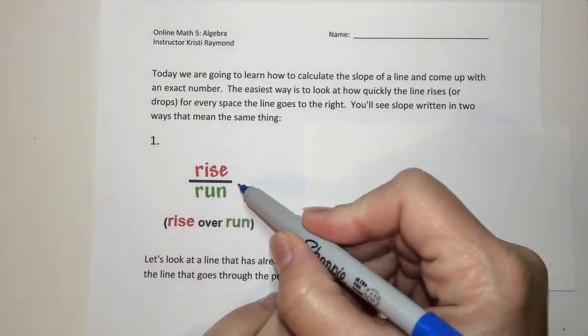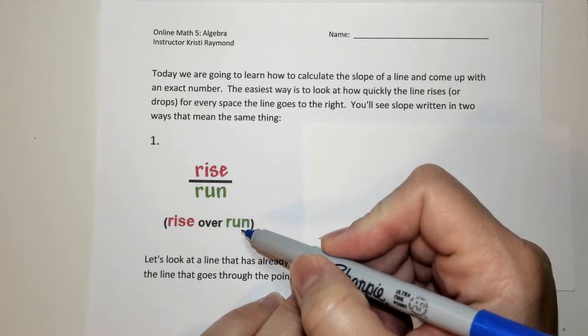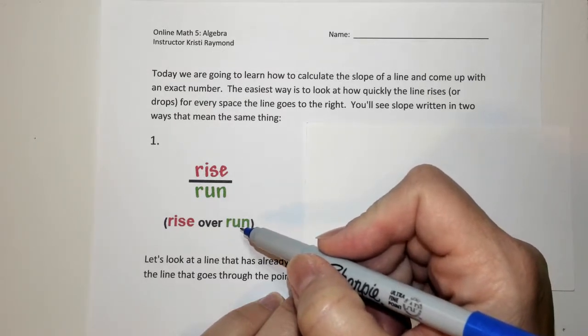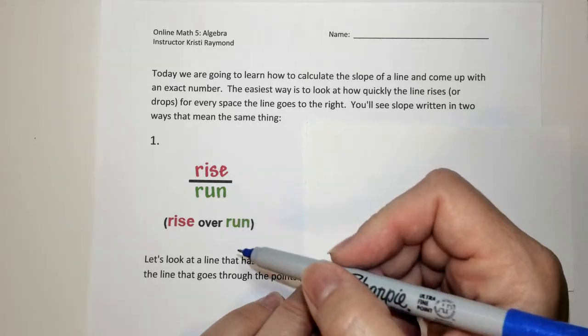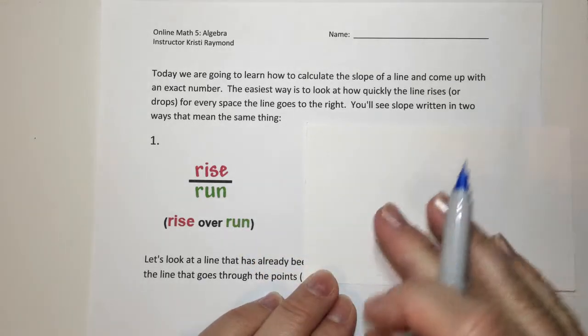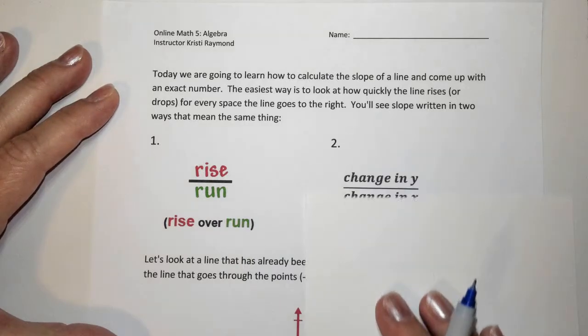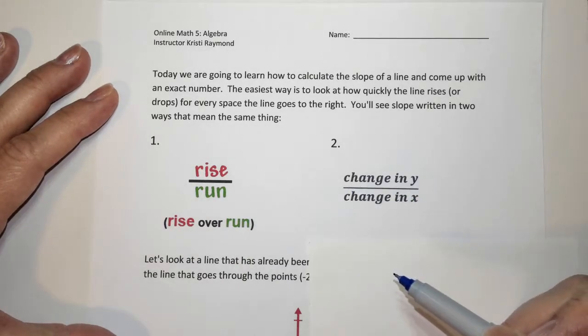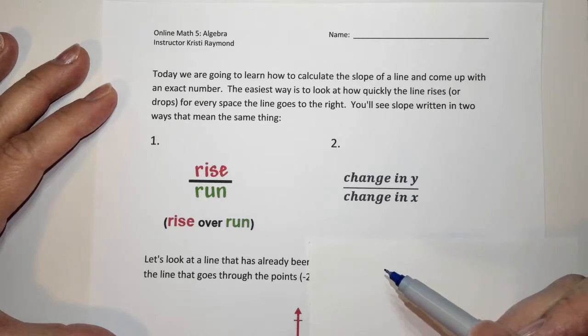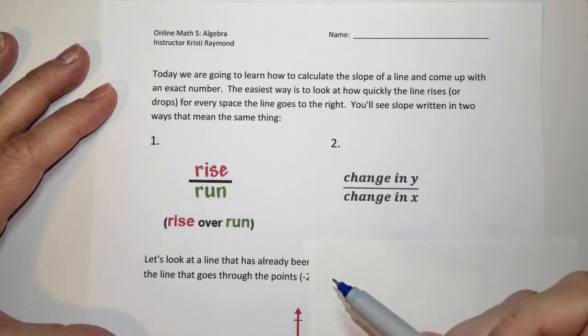And this black line here is a fraction bar, so you will see slope written as a fraction. The number for how much the line rises over the number for how much the line runs. The other way that you will see slope written is like this: change in y over change in x. These actually mean the same thing.